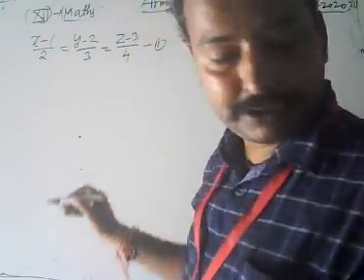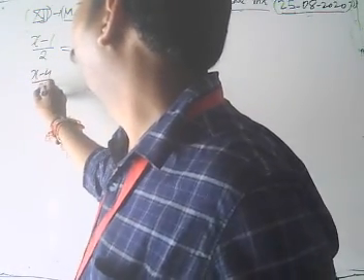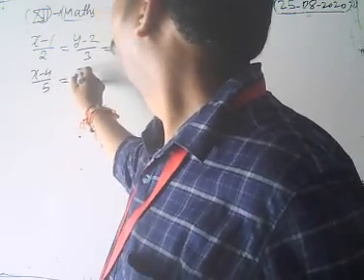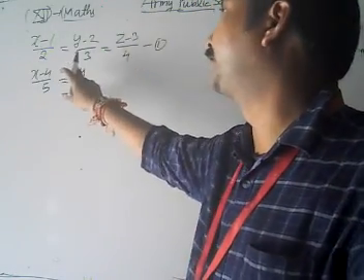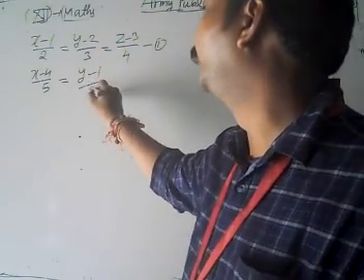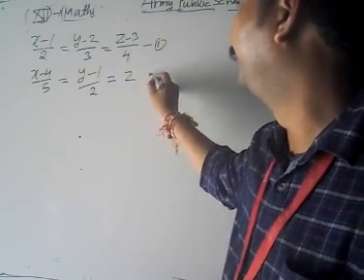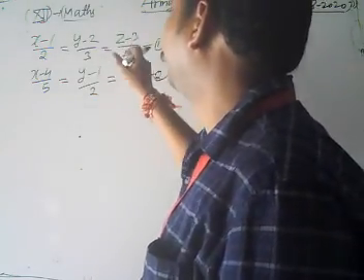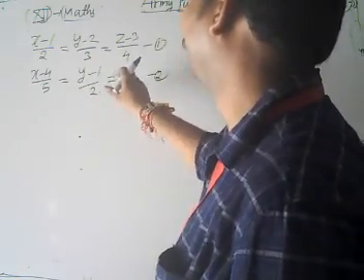The second line is given by (x minus 4) by 5 equal to (y minus 1) by 2 equal to z.